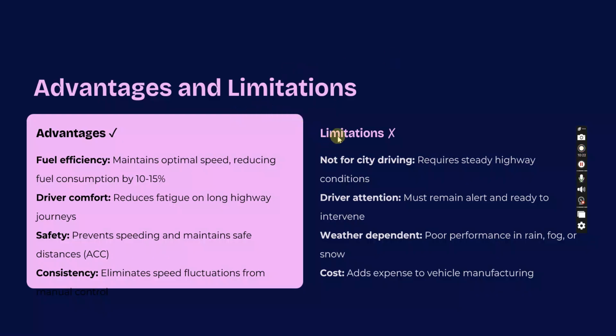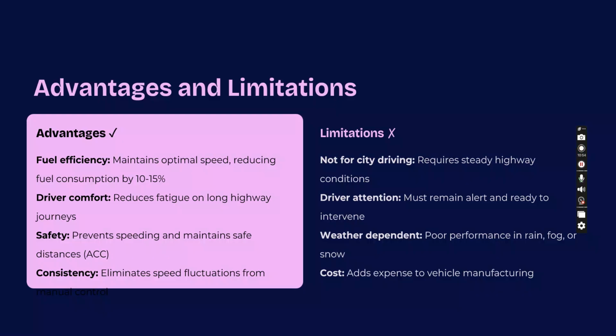And let's talk about the limitations of cruise control. It is not for city driving, where we have to apply the brake every few seconds or few minutes, so it is not recommended in city driving. No system can be fully reliable when it relies on machines, so there is always a chance of failure.